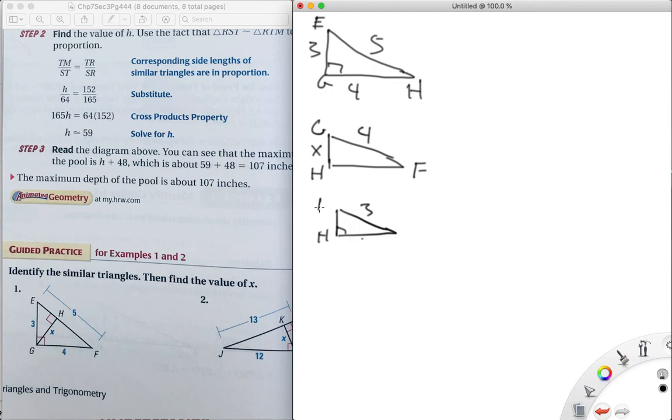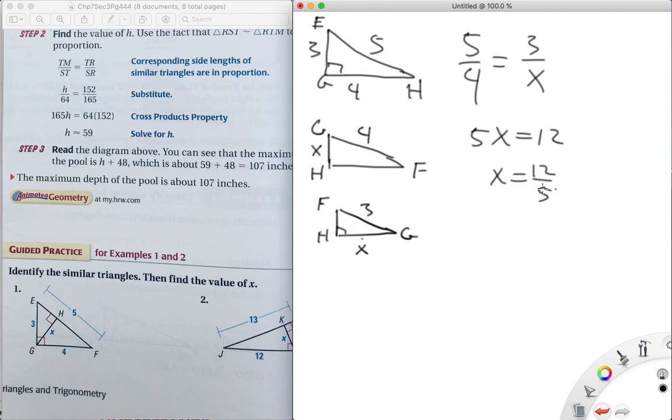Here's E up here, this is G, and from H to G is X. These can be tricky to draw sometimes. When we do our ratio, I'll use these two: 5 over 4, big to small, and then big to small, 3 over X. So I get 5x equals 12, x equals 12 over 5. That's how I find the length of x.